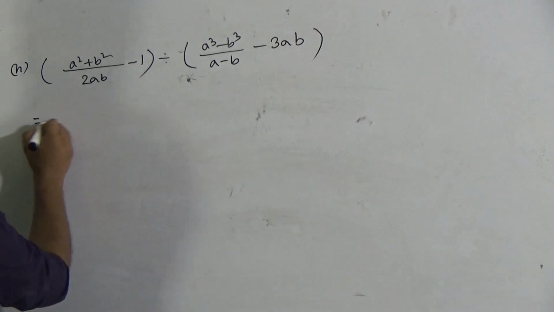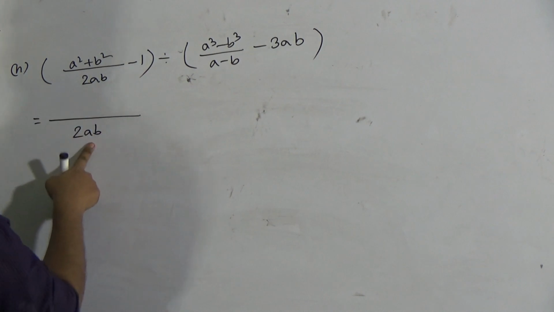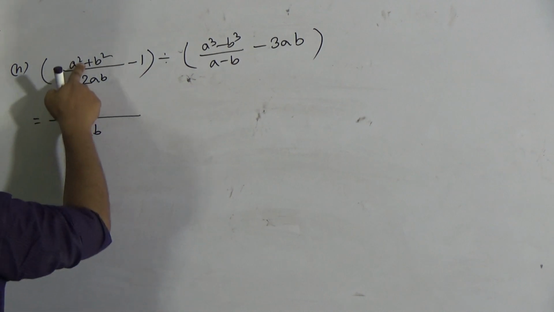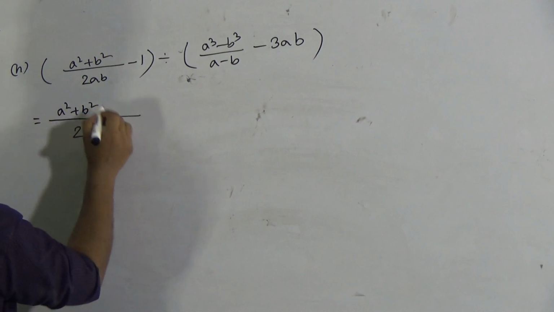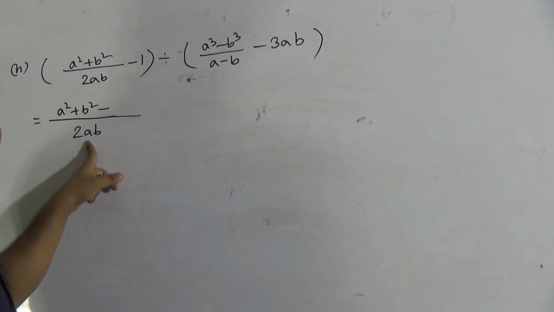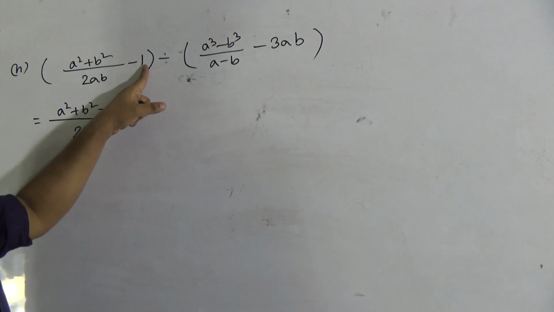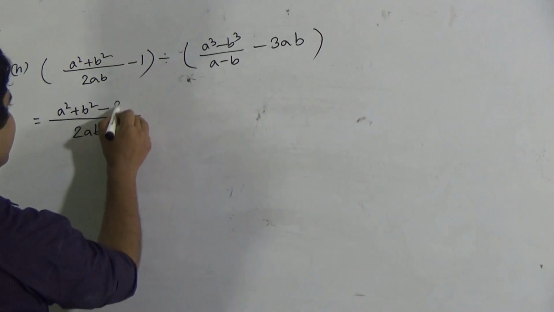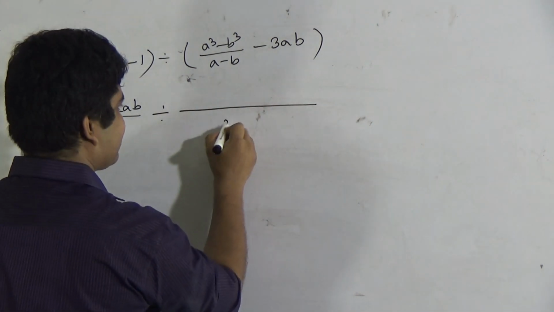So my dear student, 2ab is the LCM. If we divide 2ab by 2ab, then we get 1. 1 is multiplied with this one and we get a² + b². Okay. This minus sign is here. We divide this 2ab by 1 and we get 2ab. 2ab multiplied with 1 and it will be minus 2ab divided by 2ab, here a − b is the LCM.